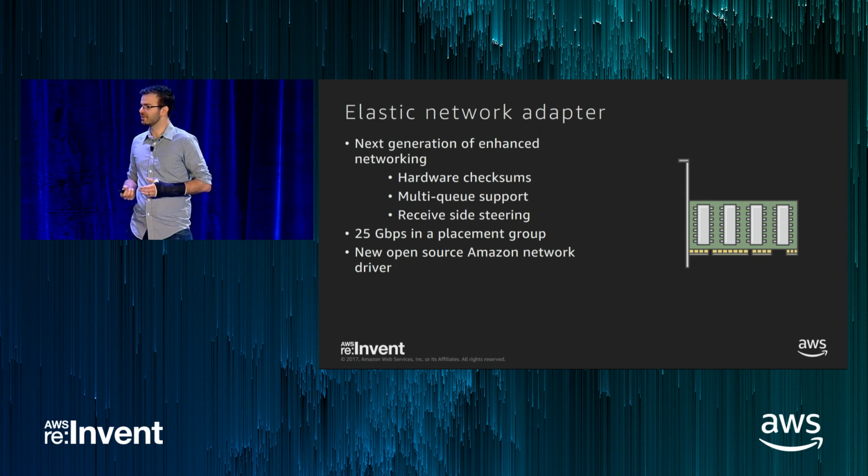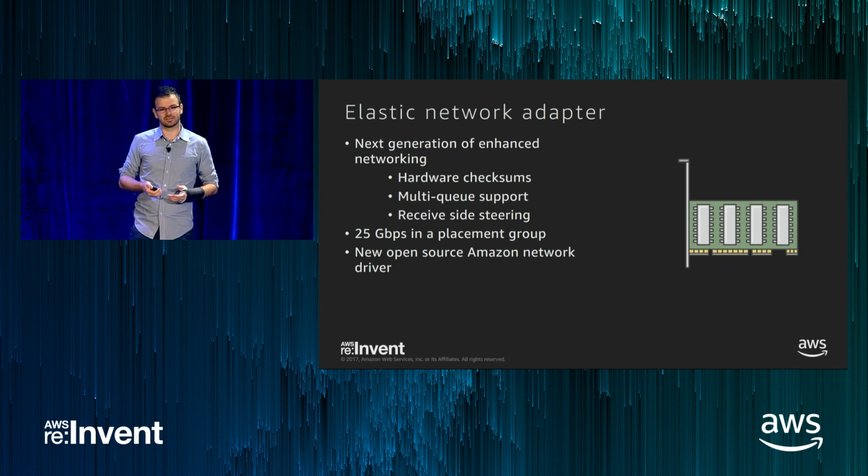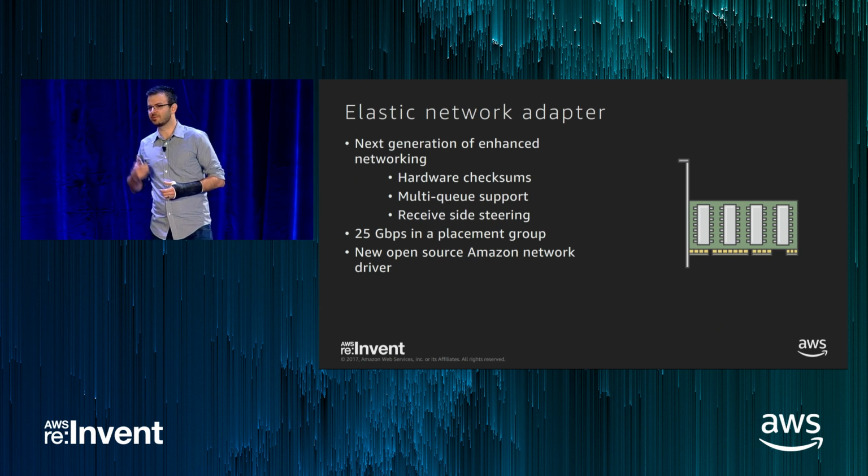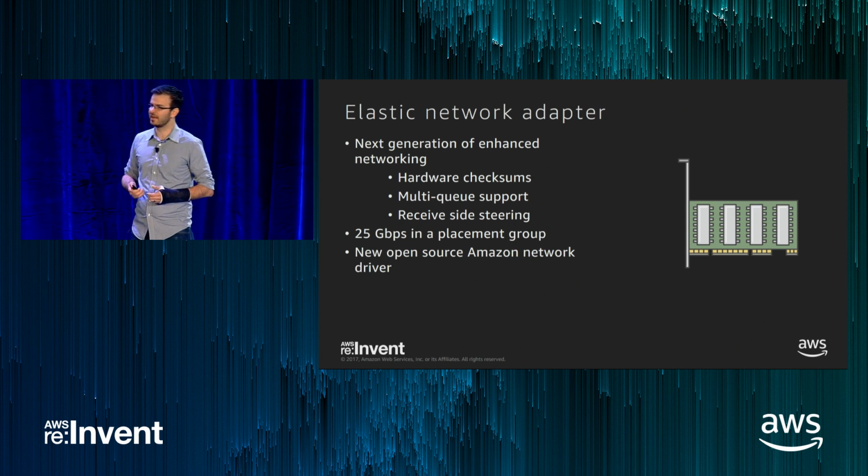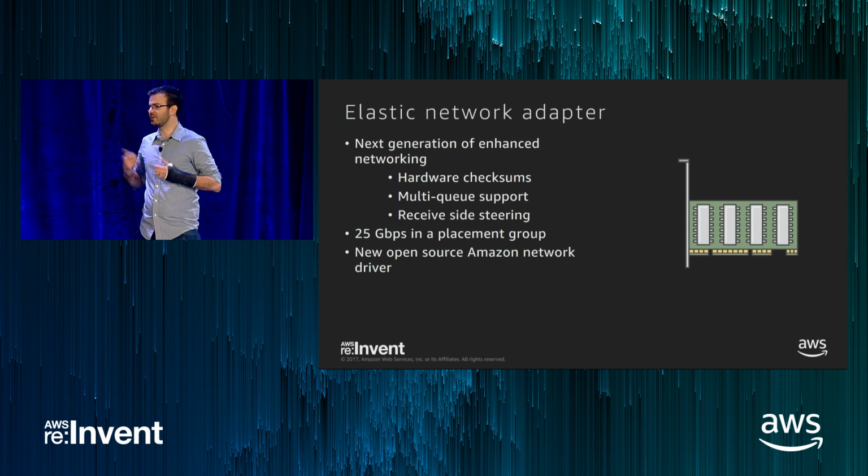One of the cool things that ENA lets us do is that when we originally launched ENA on instances, we only supported 20 gigabits per second. But with back-end enhancements throughout the entire stack, we realized that we could offer 25 gigabits to all our customers who are using that 20 gigabit interface.